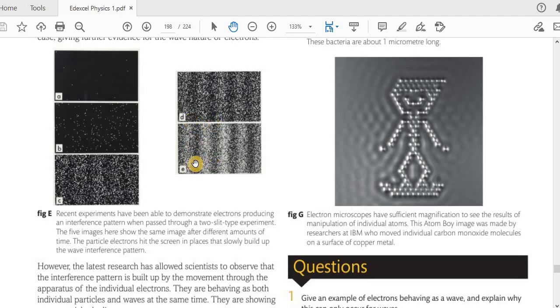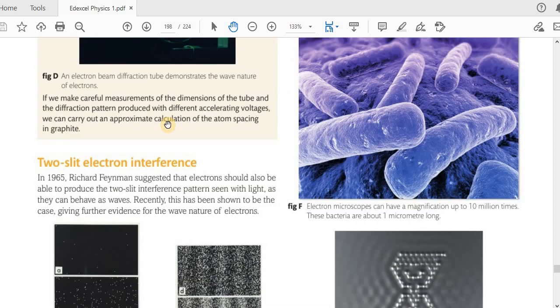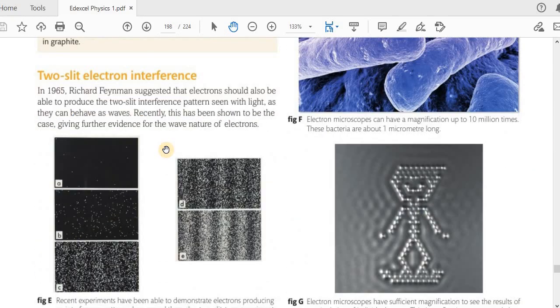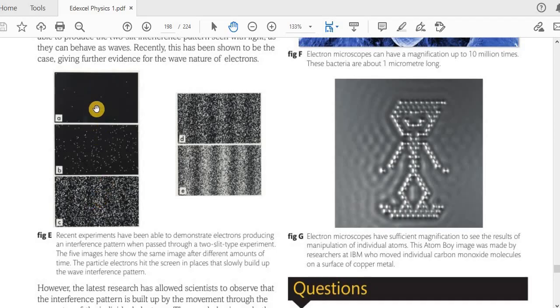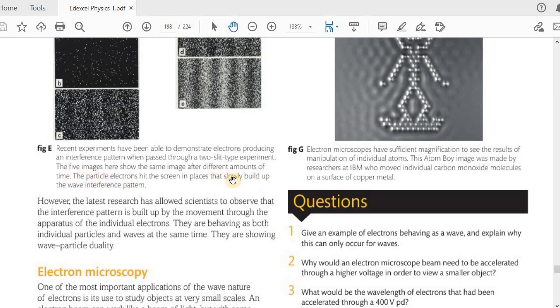Now you can see here, these are like the bright and dark fringes that you had in the double slit experiment or two slit experiment in the case of waves. We saw it today. I showed you that in chapter 5.2.3, I think. Okay, so here you can see with time A, B, C, D, E, you get this. So you can see the particle electrons hit the screen in places that slowly build up the wave interference pattern.